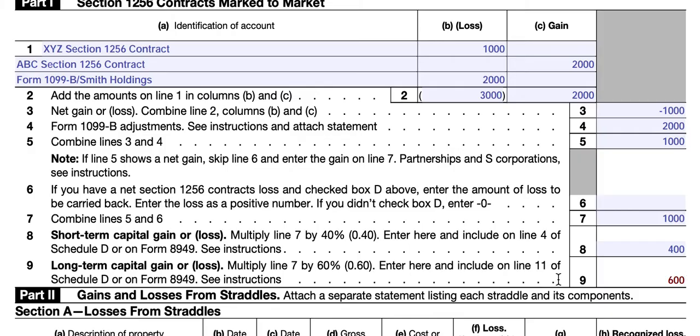And again, you would enter Form 6781 Part 1 in column A, and then you would enter the amount of gain or loss in column H, leaving everything else blank.